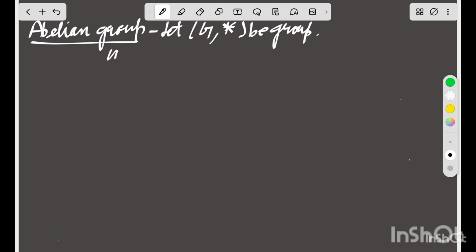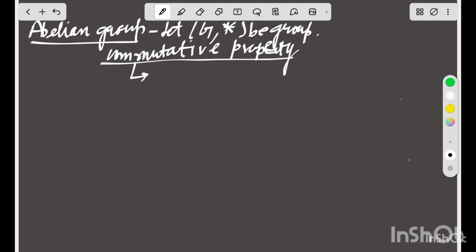What is that property? The commutative property. What is the commutative property? Whether we operate A then B, or B then A, both should be the same. Then we say that the group is an abelian group.